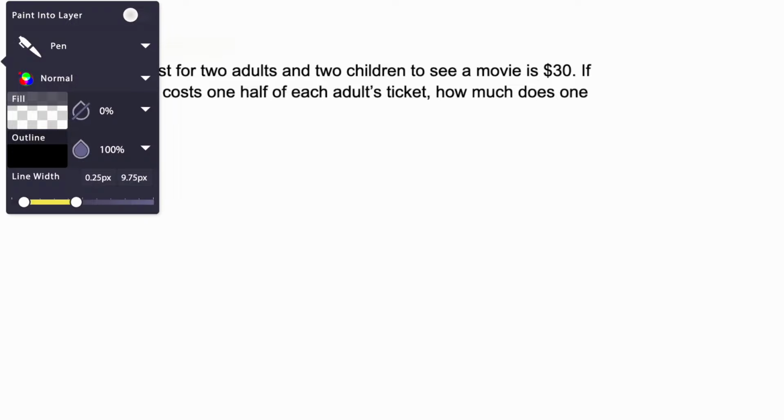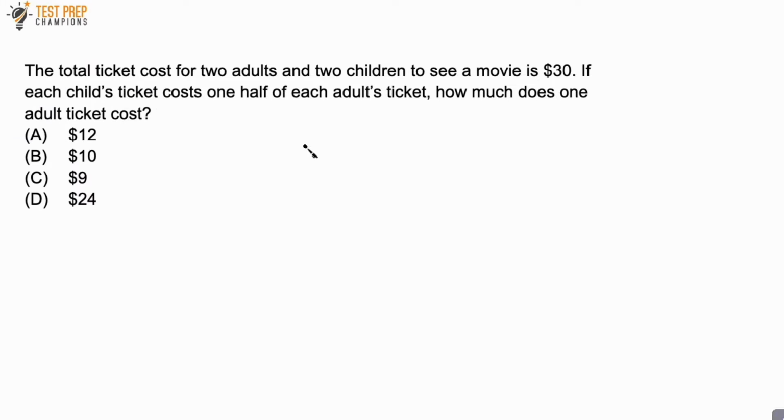Okay, so the way that I want to start this question is by writing out an equation. So we can say that 2A plus 2C equals 30, where A stands for adult and C stands for children.